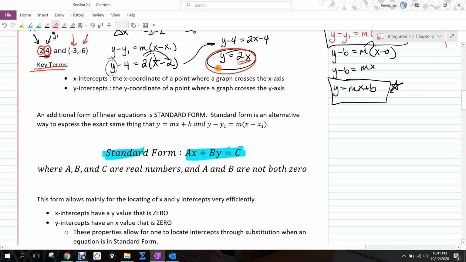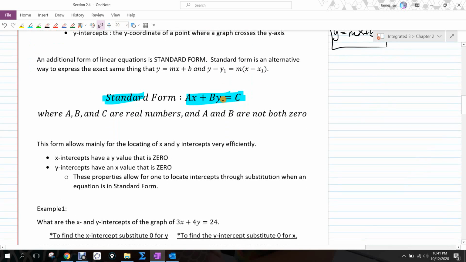So standard form, there's a lot of different textbooks and authors that will say certain requirements about that number right there having to be positive. So you have to maybe multiply things by negatives and stuff like that to guarantee that that A value is positive. I'm not going to care about that. There's also texts that say that has to be a constant that is non-zero. I don't care about that either.